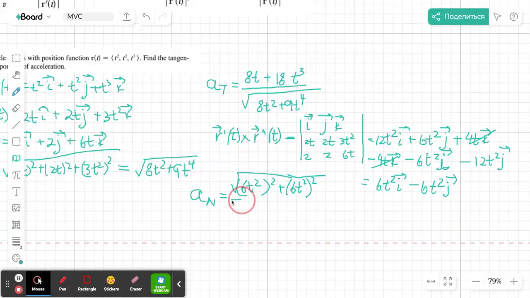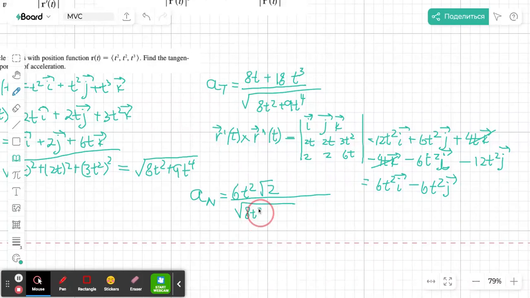Once we calculate that, it's 6t squared times the square root of 2. And then in the denominator, we have the magnitude of r prime, which is still the square root of 8t squared plus 9t to the power 4.